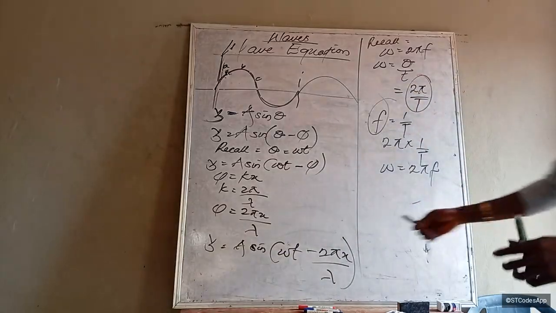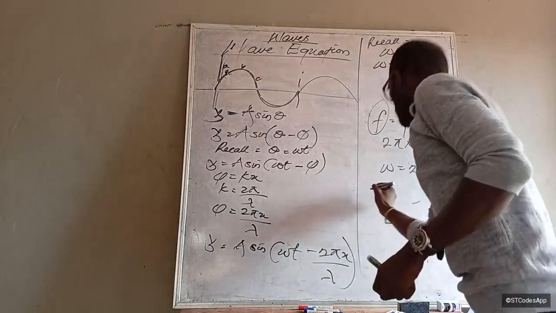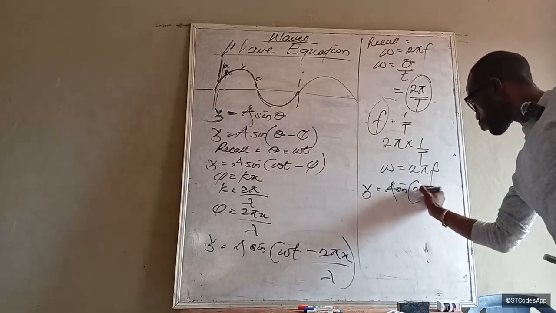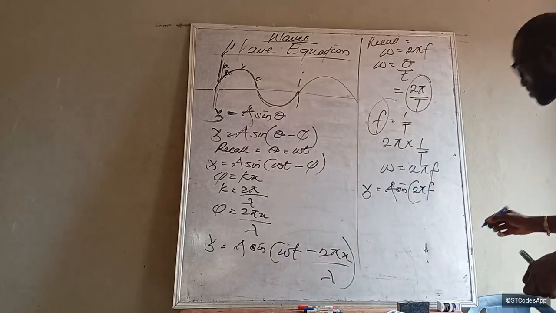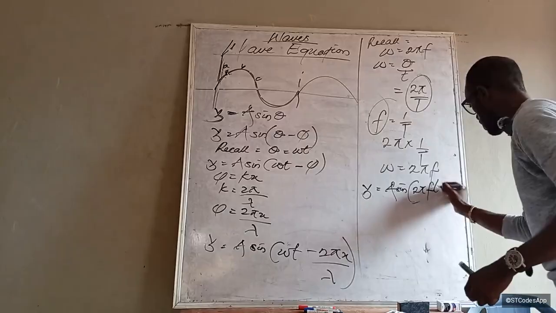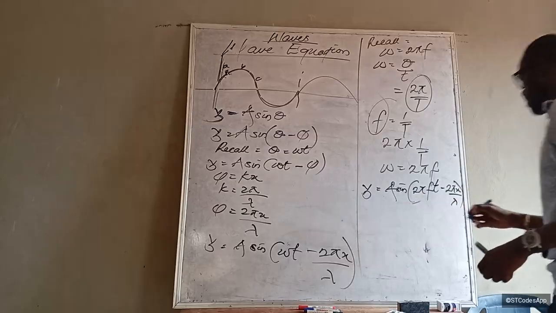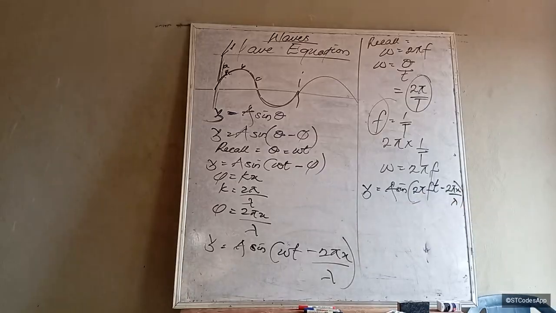So if that's the case, then here can become y equal to a sine of 2 pi f t minus 2 pi x over lambda. Is it making sense?